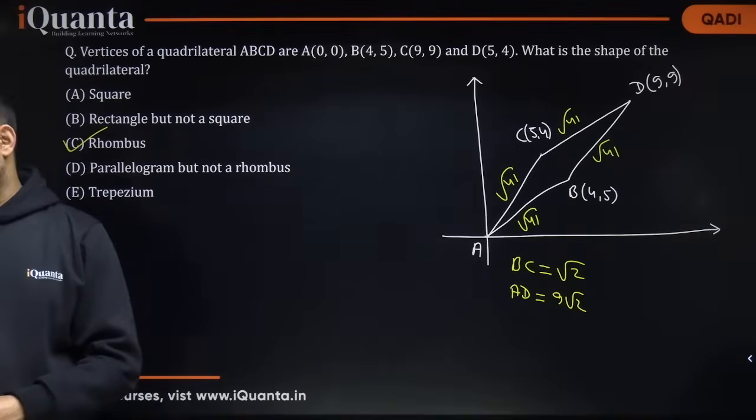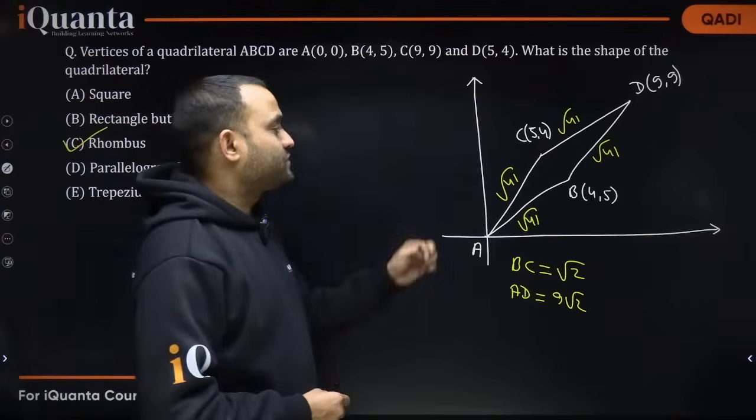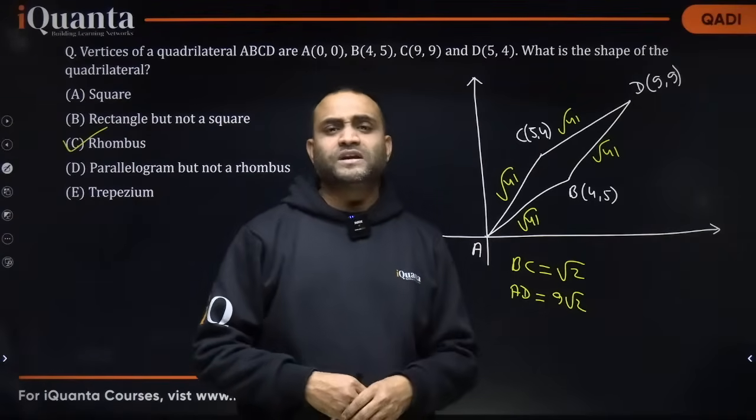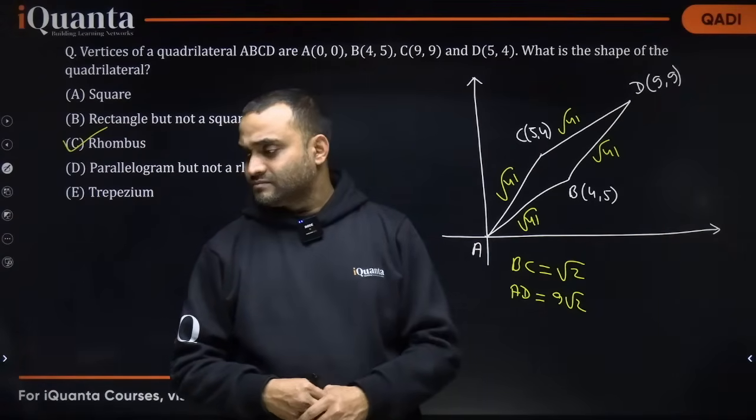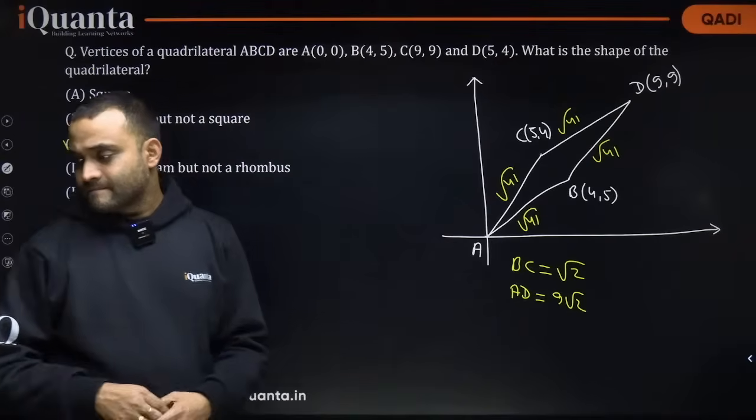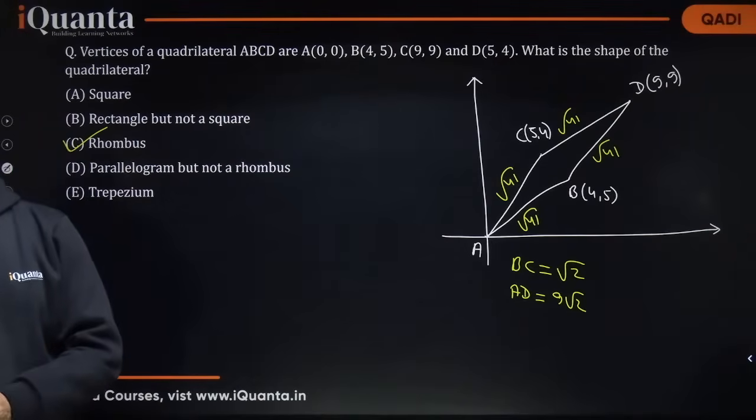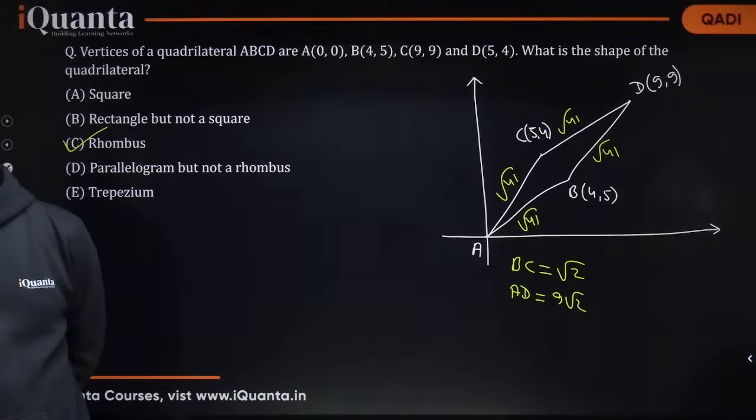Product of slopes is equal to -1. Product of slopes of diagonals, right? That is perpendicular in a square as well. Product of slopes of which?